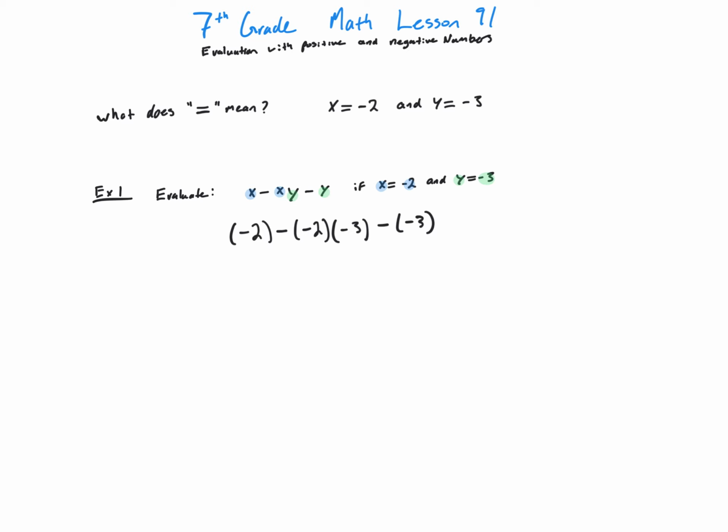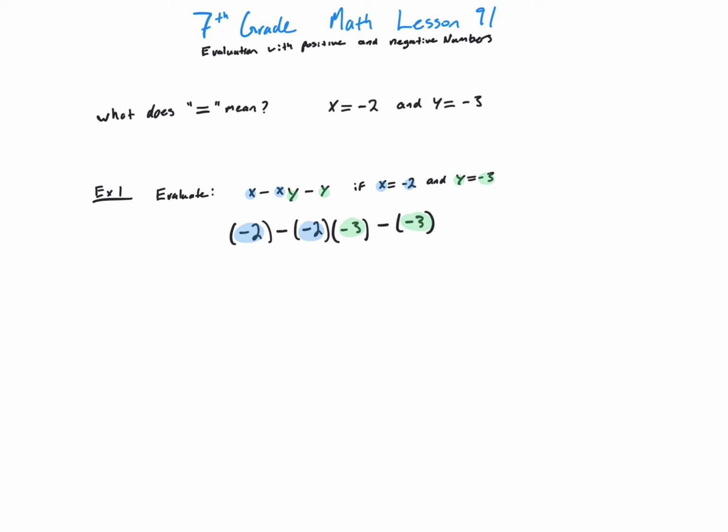Just for clarification, wherever we saw the x, we used the -2, and wherever we saw the y, we used the -3. So this would read x minus x times y minus y. Now that we have these plugged in, we just simplify them down using the order of operations.